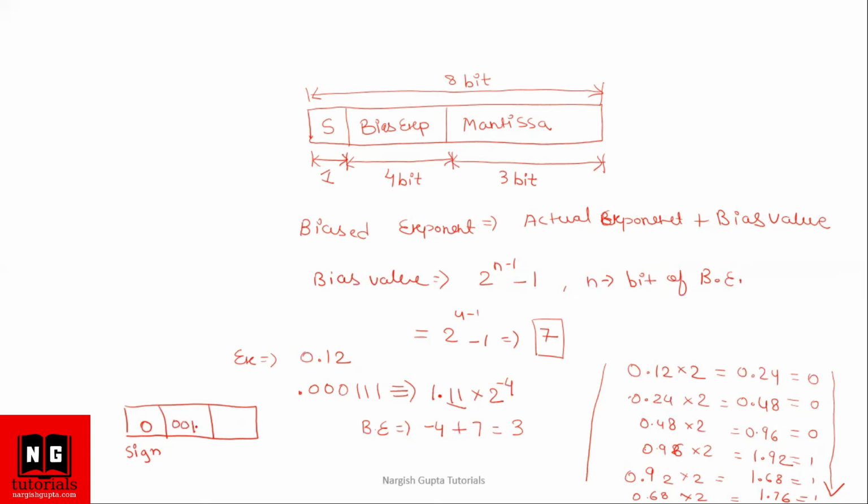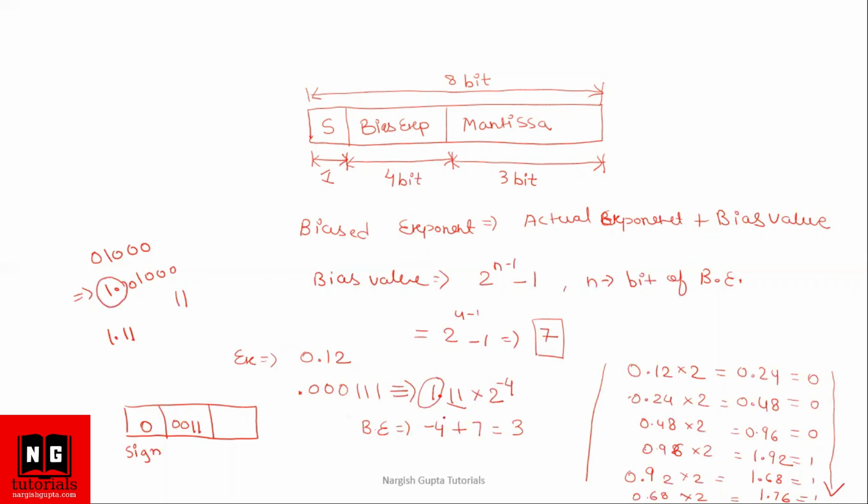We will add zeros and write it as 110. We don't write the leading 1 because it is already fixed. It is understood by the system that the actual number is 1.11. And let's say if we write in the mantissa 0100, the system will automatically treat it as 1.0100, because in floating point representation it is fixed that there will be a 1 before the decimal.